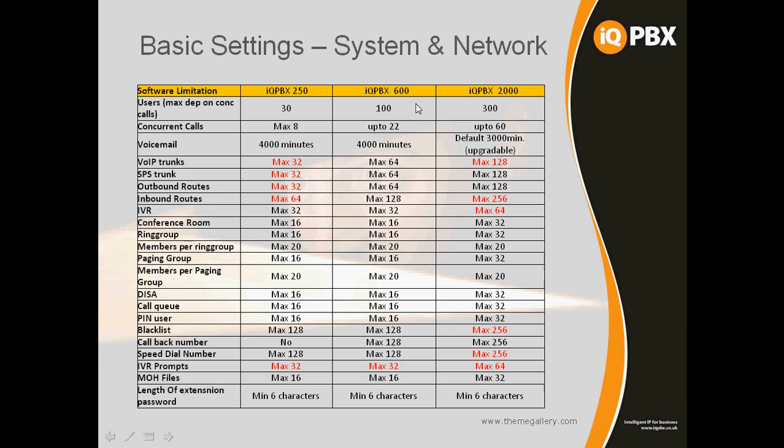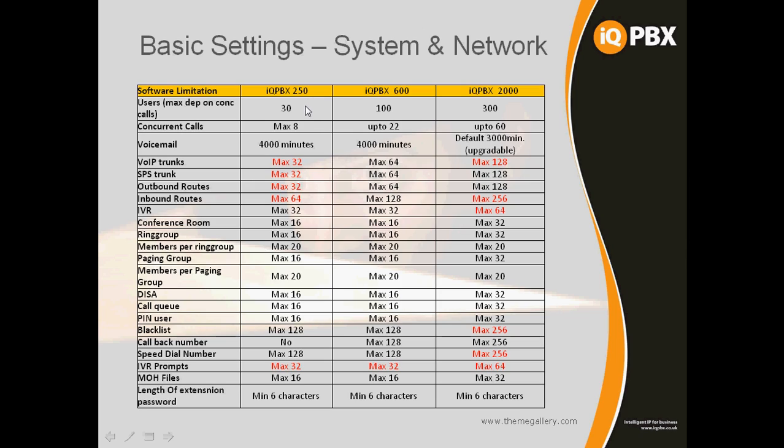So on the 250 we have 8 concurrent calls, on the 600 there are 22 concurrent calls, and the 2000 up to 60. Now when I said in the hardware, in the first WebEx, that if we remove a 0 from the model number it indicates how many extensions we can register to the system, the 250 would be 25, the 600 would be 60, and the 2000 would be 200.